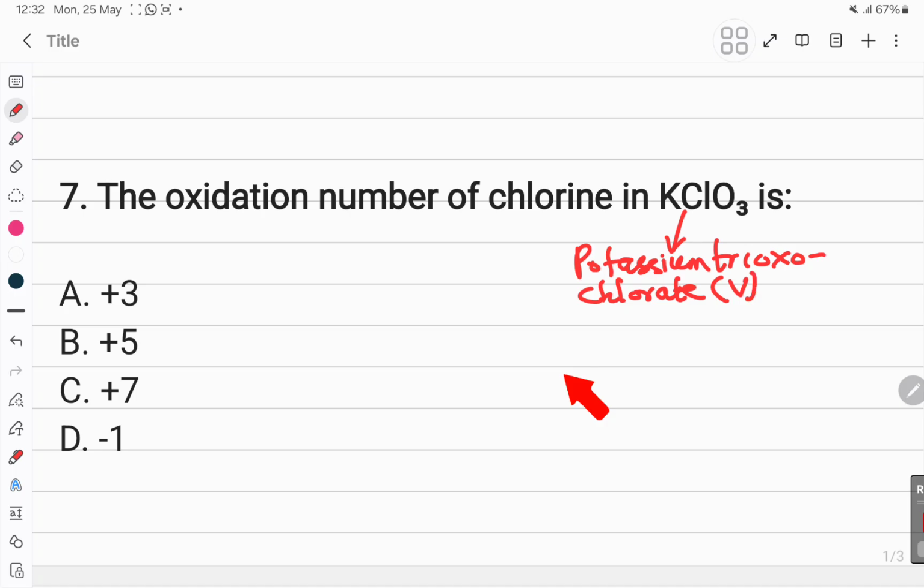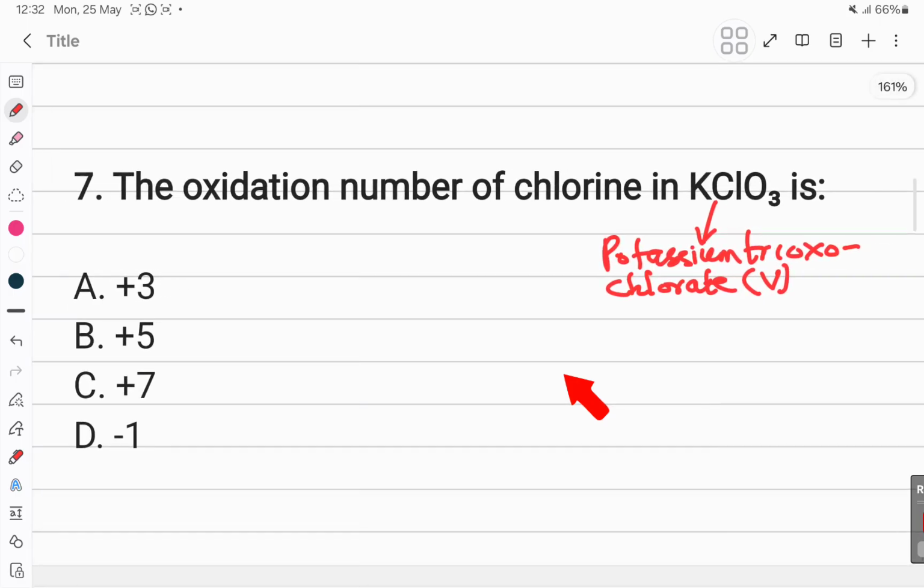This is the IUPAC name of this compound. It is very essential for students to know how to name chemical substances, most importantly the IUPAC or modern names of the substances. So this is called potassium trioxochlorate 5, commonly known as potassium chlorate.